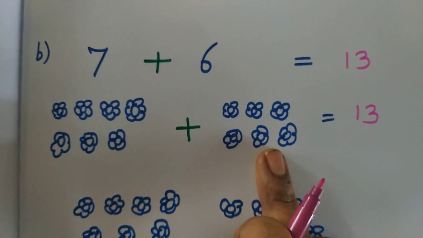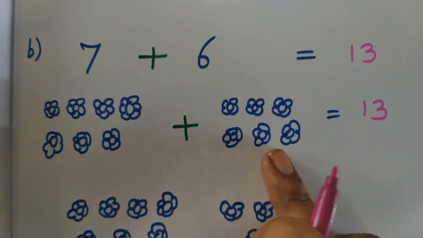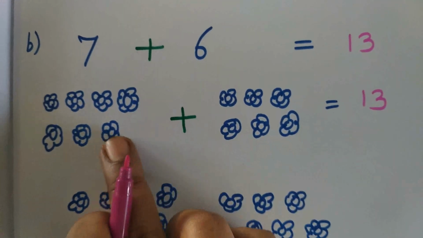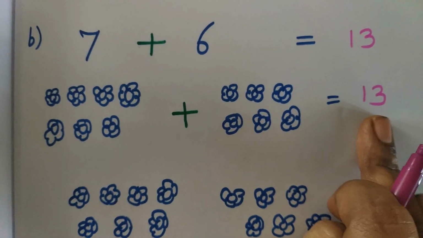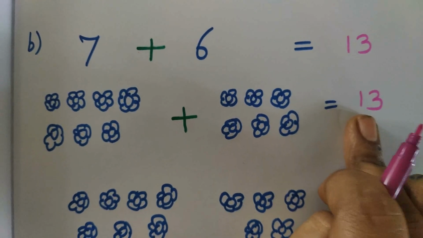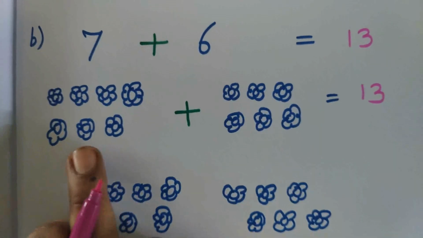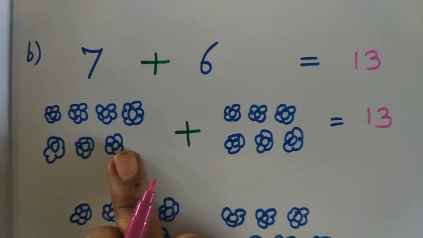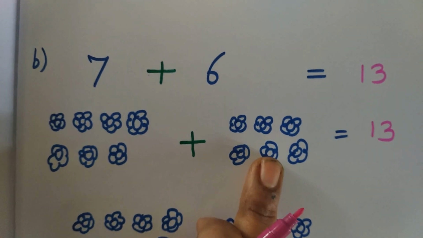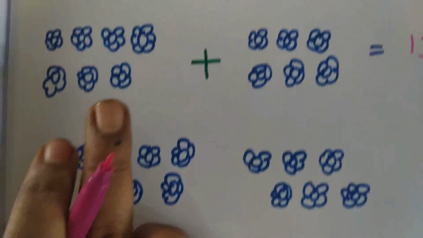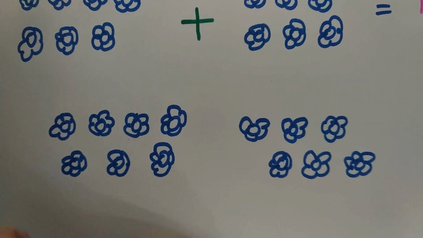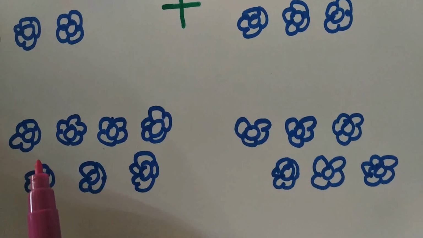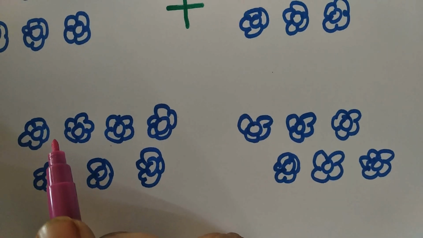In the last session, what have we seen, children? If it is greater than 10, okay, see here, 13, we can group this as tens and ones, isn't it? Shall we group? Yes, come. Group as tens means you want to count 10.